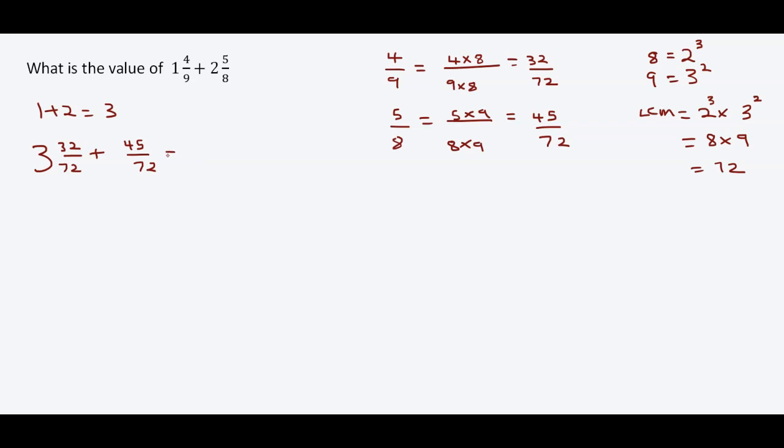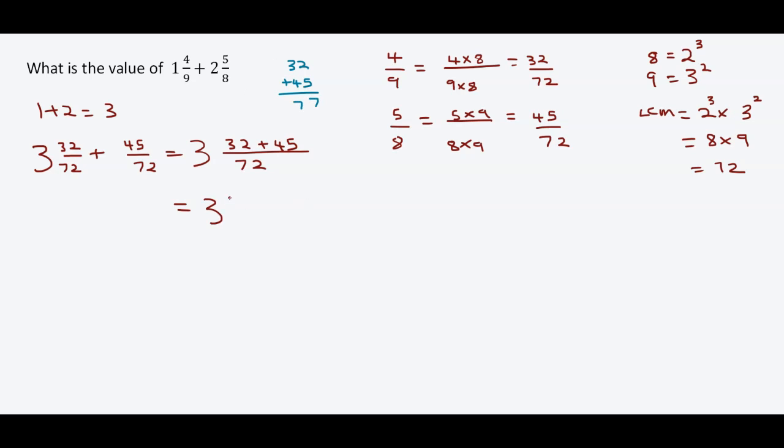So this is going to give us 3, and then we have a 72 as a common denominator. We have 32 plus 45. This is going to give us 3, and then let's do some work here. 32 plus 45, that's going to give us 77.